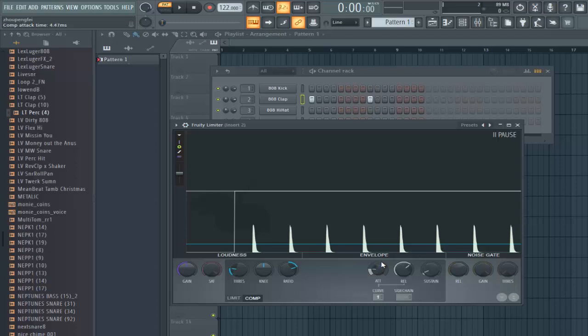Every 4.4 milliseconds, make sure that where the threshold has been set, the ratio must let the compression take place by giving me, now the ratio is 5:1. The ratio must give me at every 5 decibels of frequency volume, 1 decibel of frequency volume.